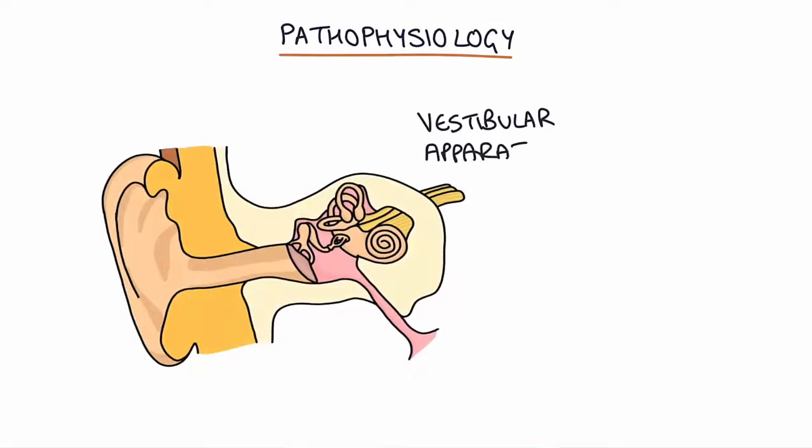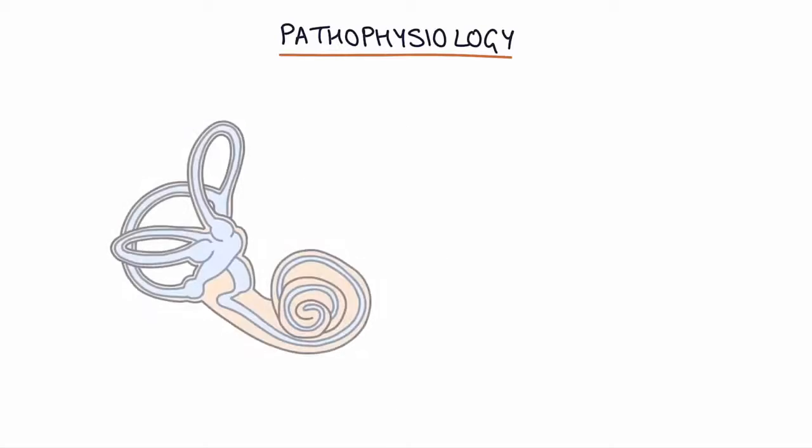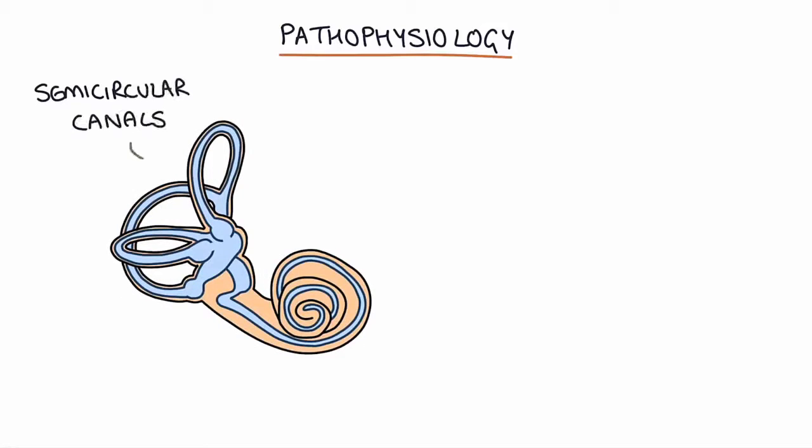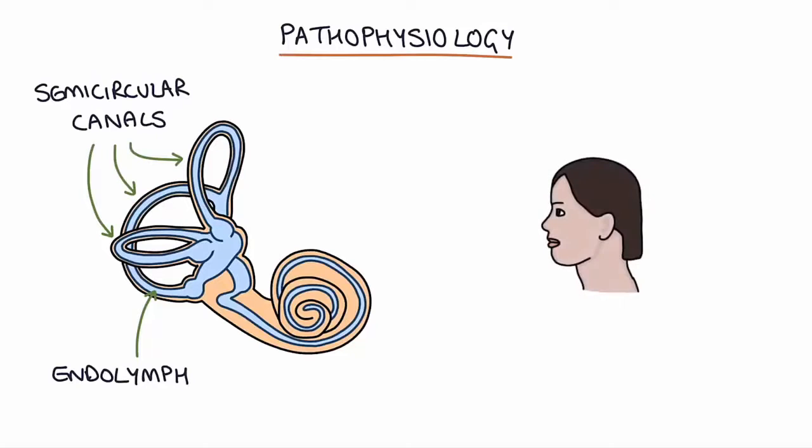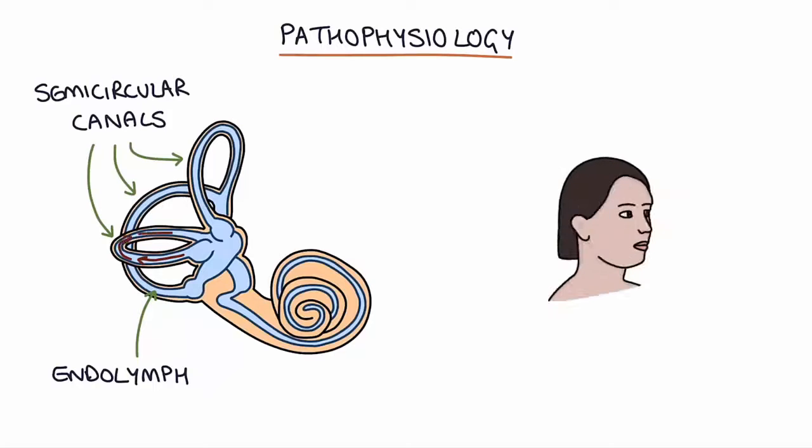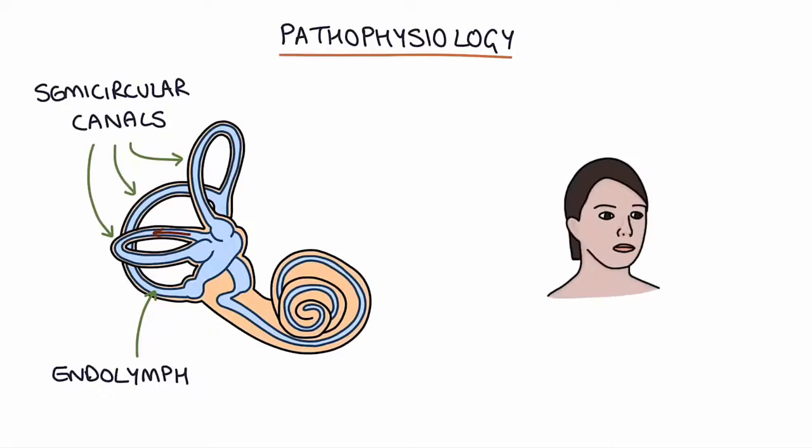The vestibular apparatus is located on the inner ear. It consists of 3 loops called the semicircular canals that are filled with a fluid called endolymph. These semicircular canals are oriented in different directions to detect different movements of the head. So as the head turns, the fluid shifts within the canals.